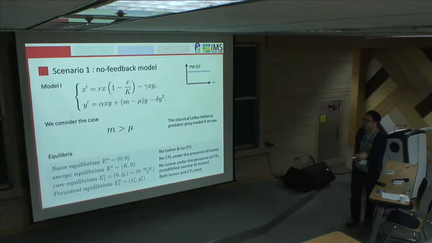And we also have a cure equilibrium that represents no tumor cell in the presence of CTL. So we see that this is a kind of establishment of memory cells against the tumor cells. This can be understood as vaccination. And finally, we have the persistent equilibrium in which both tumor and CTL exist. So in these cases, we have these four equilibria.